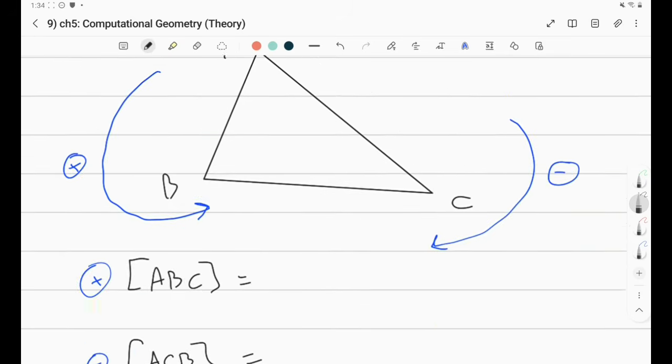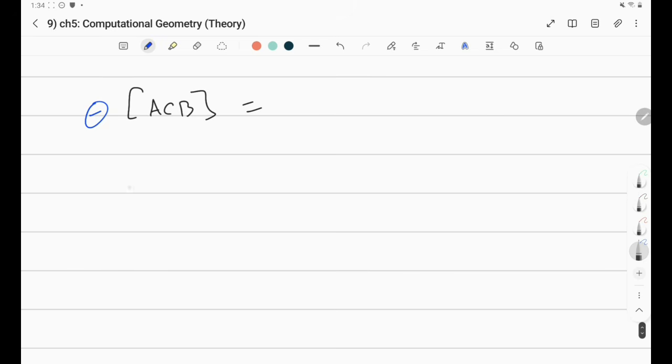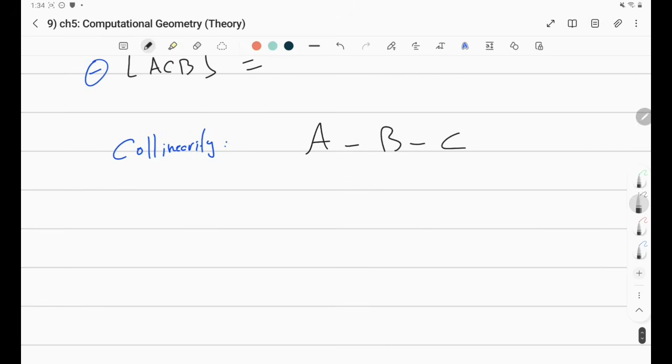Of course, you might say it's easy to deal with collinearity problems. To figure out that A, B, C are collinear, you just do this: YB minus YA divided by XB minus XA. That's basically the slope MAB, for this line.